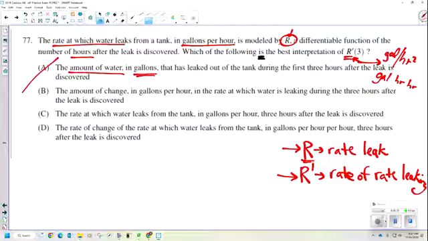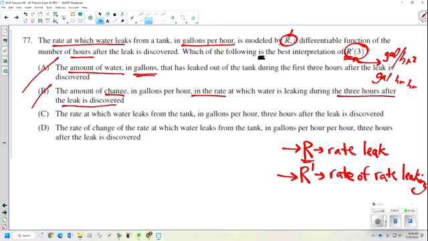So change in the rate, that's a possibility, but then look what it says: during the 3 hours after the leak was discovered. This is right at hour 3. During the 3 hours, no. So it can't be B.